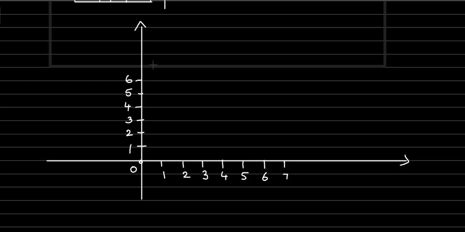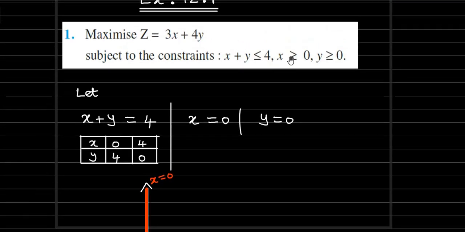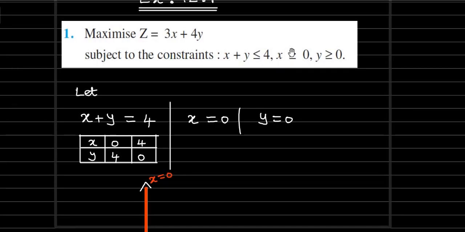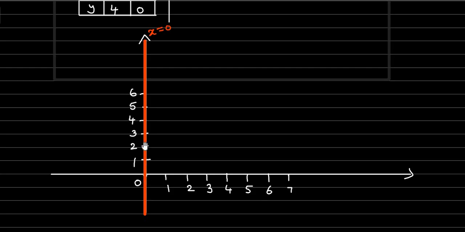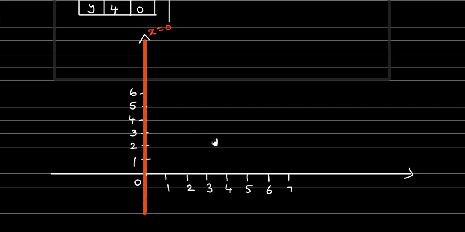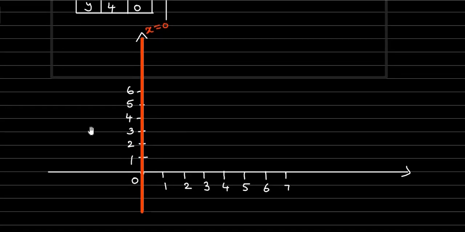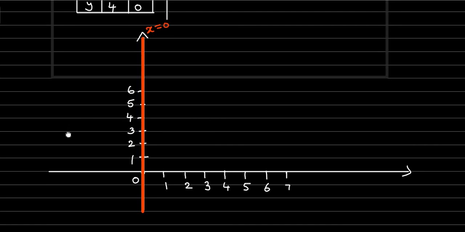So x equal to 0 line is this one. And what is the actual given inequality? X is greater than or equal to 0. After drawing this particular line, x equal to 0 line, you can see the graph is dividing into two parts. One is the right side, other one is the left side.